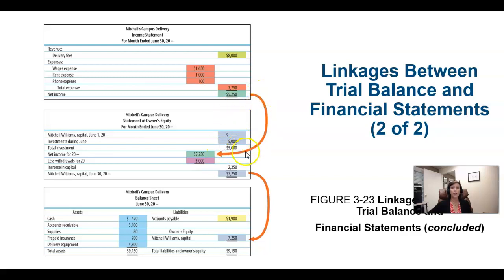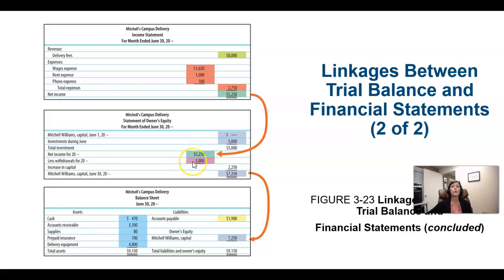He then, as a result of the operations of the business, has the benefit of increasing his equity as a result of net income. Now, had he had a loss from this period, that would have decreased his equity position. So a loss would have been entered here as a negative number. It's positive because it's income.